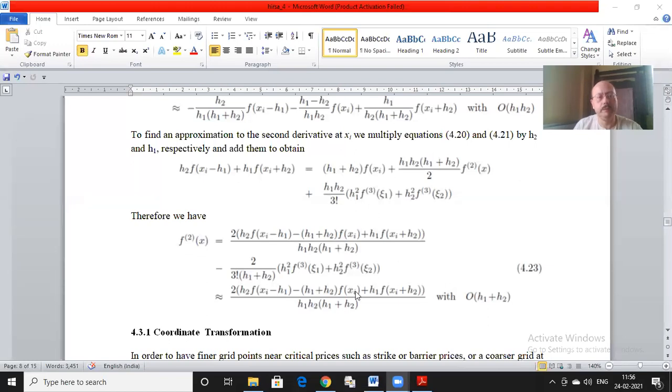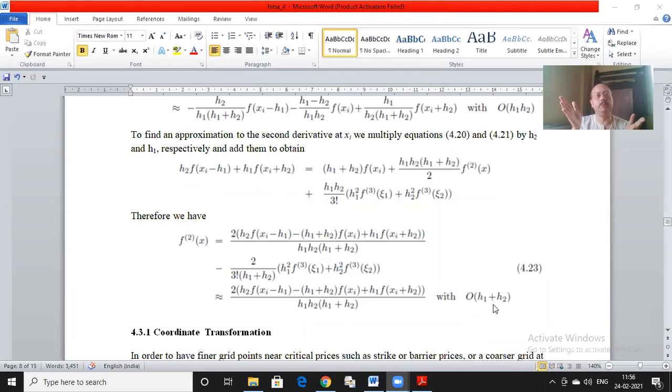So obviously the first term is my approximation. The second term is my error, which is of the order of h1 plus h2. So this is one way of doing the non-uniform grid point calculations. Now we know how to do it for one change, but any finite number of changes is fine because any practical strategy would be having a finer grid in the middle and a coarser grid on the outside.